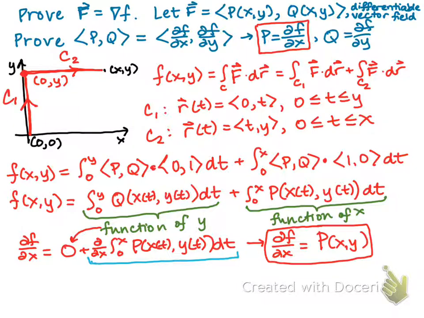And so now I'm just going to pretty quickly run through the y, prove q equals partial f partial y. It's completely analogous, so we don't have to go through every detail, but I'm going to choose a slightly different path here. So here's my 0, 0 point.